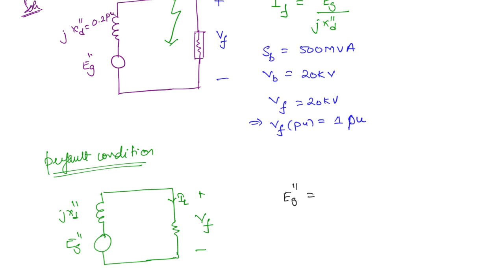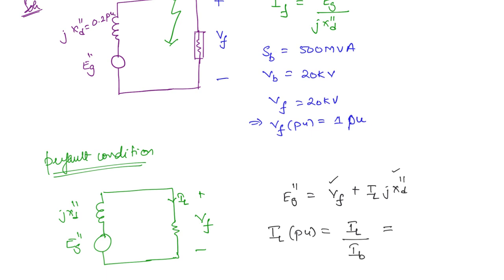EG" is equal to VF plus IL jXD". Now VF we know in per unit, XD" we know in per unit. So we will find IL, the load current in per unit. IL per unit is equal to the actual value of IL divided by the base value of the current.